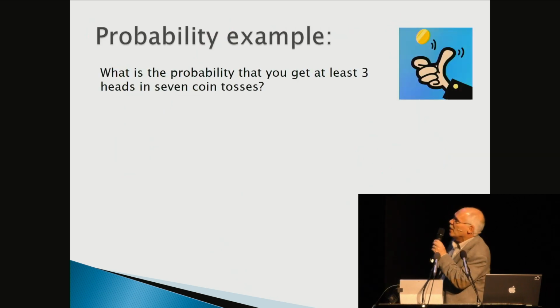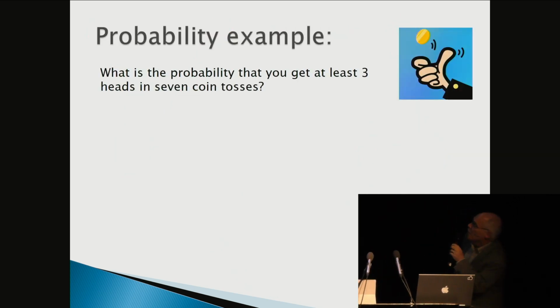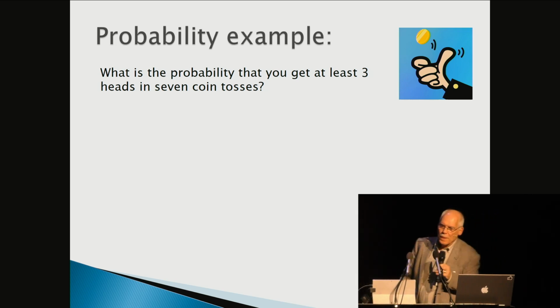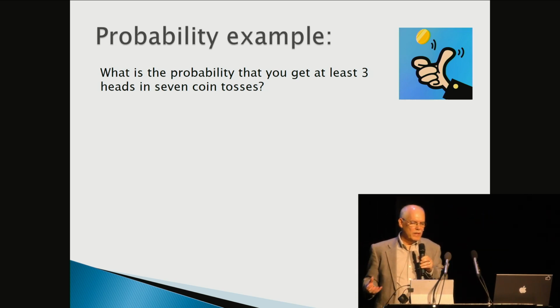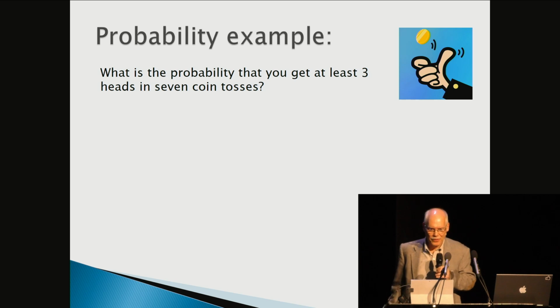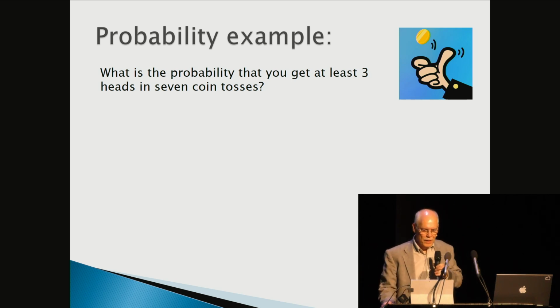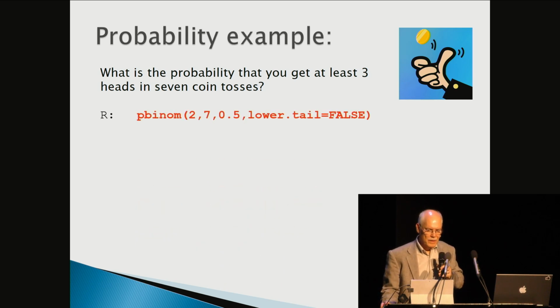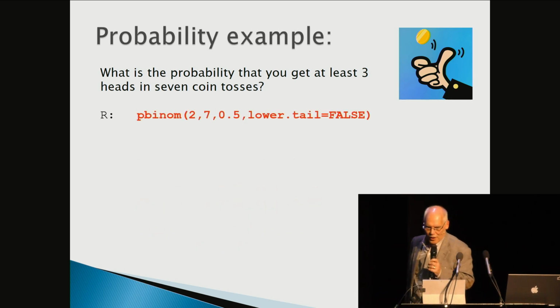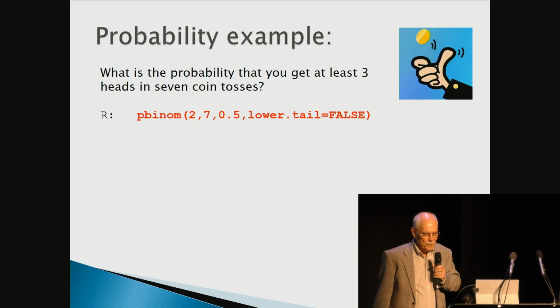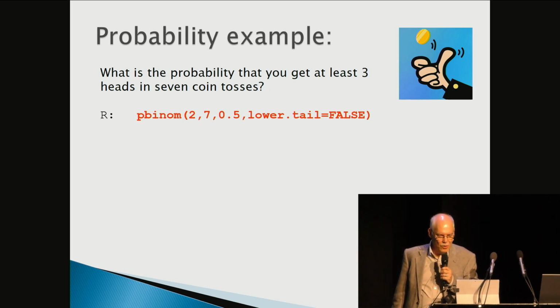So here's an example from probability. What's the probability that you get at least 3 heads in 7 coin tosses? Okay, so we want to figure how to do that. And so if we were to try to do that in R, for example, we would have to use a function called pbinom, which is basically a binomial distribution, and you want 3 heads, but you want at least 3 heads.